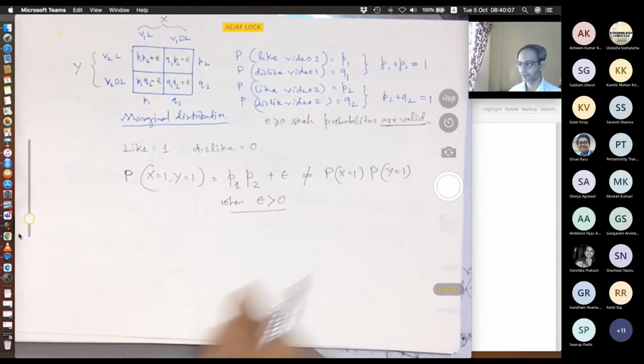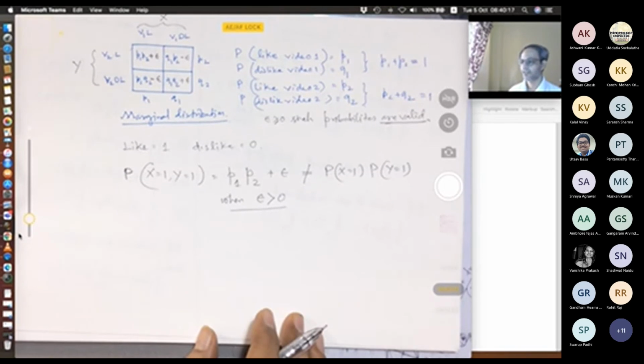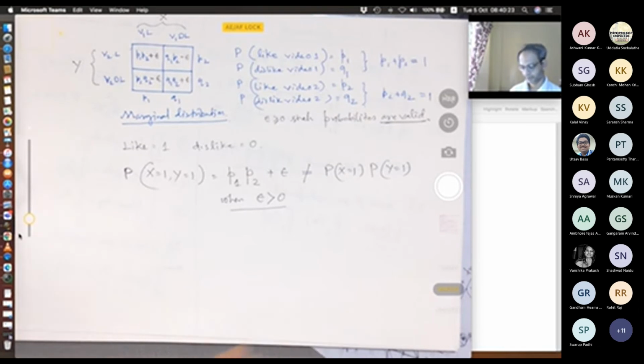If it is exactly equal to 0, then they are independent. If epsilon is non-zero, then they are dependent. So what is the conclusion from here? X and Y are not independent.